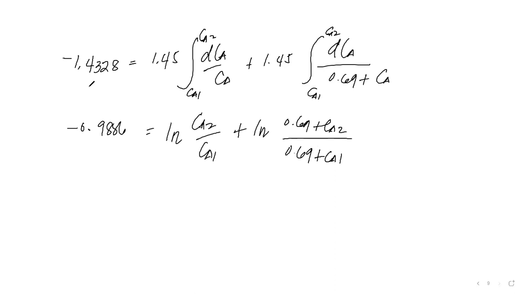If we will combine these two ln's, wait, is it positive or negative? B is positive. Okay, so if it's positive, then this should be ln of, so this should be multiplied Ca2 over Ca1 times 0.69 plus Ca2 over 0.69 plus Ca1.